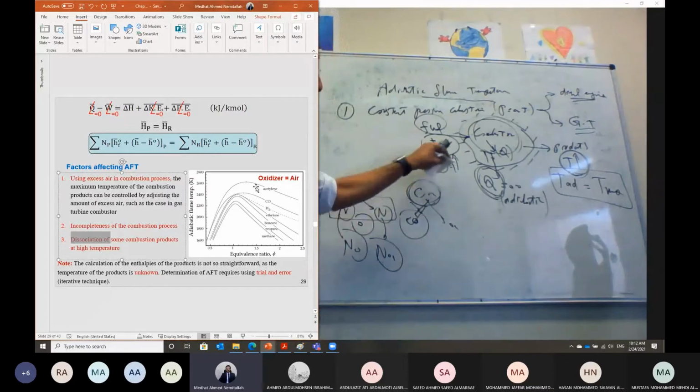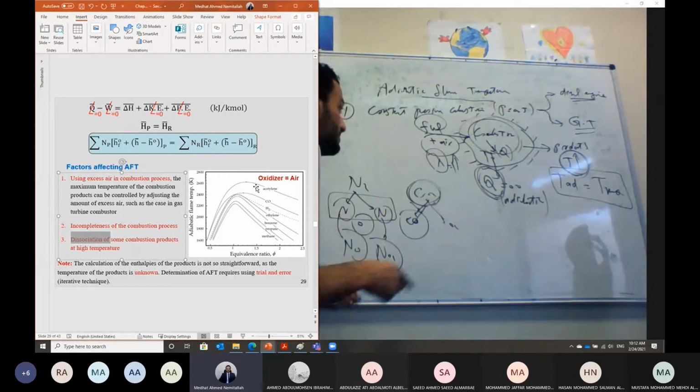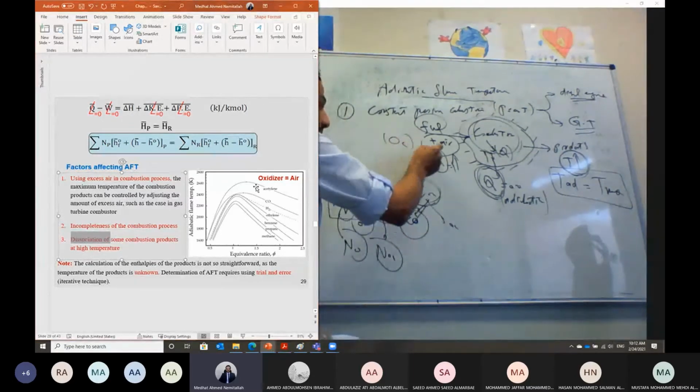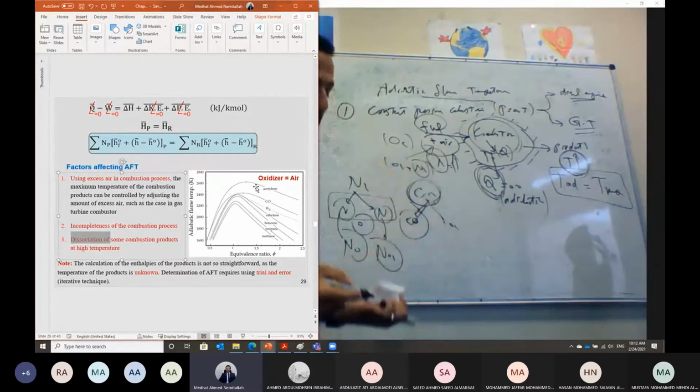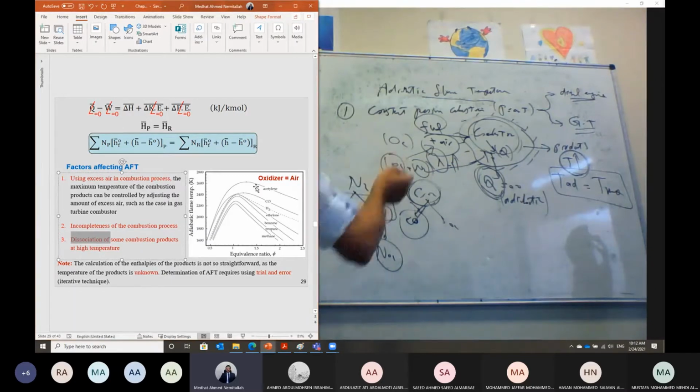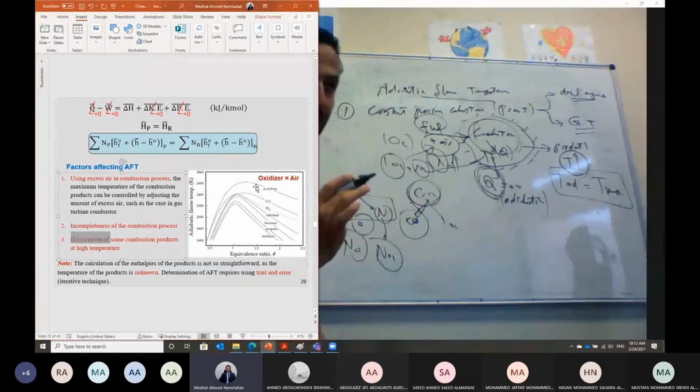If you are not using air, if you are using pure oxygen in this case, the idea, guys, of pure oxygen is this: air itself has oxygen also, but there is some N2, 79% N2, and this N2 acts as a diluent. It just absorbs a part of this heat. But now if you are just using oxygen, we don't have any diluent in this case.